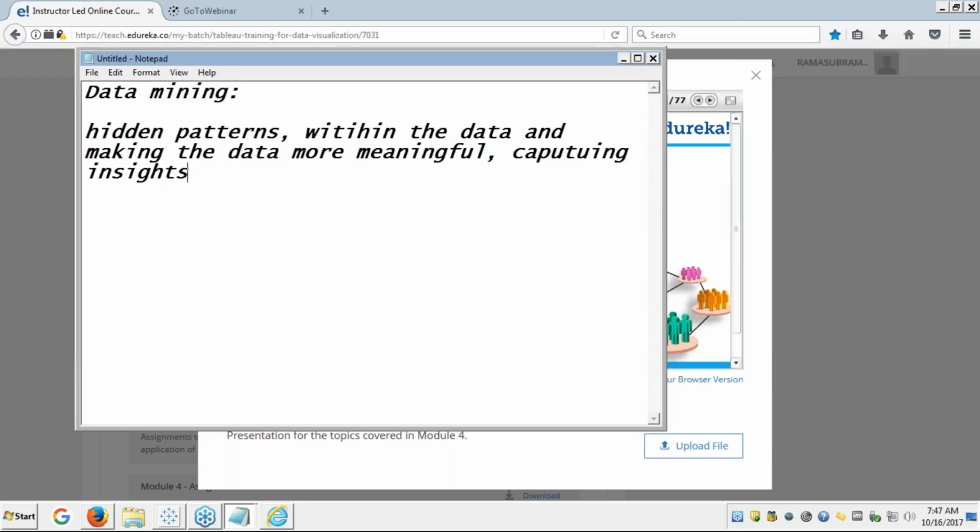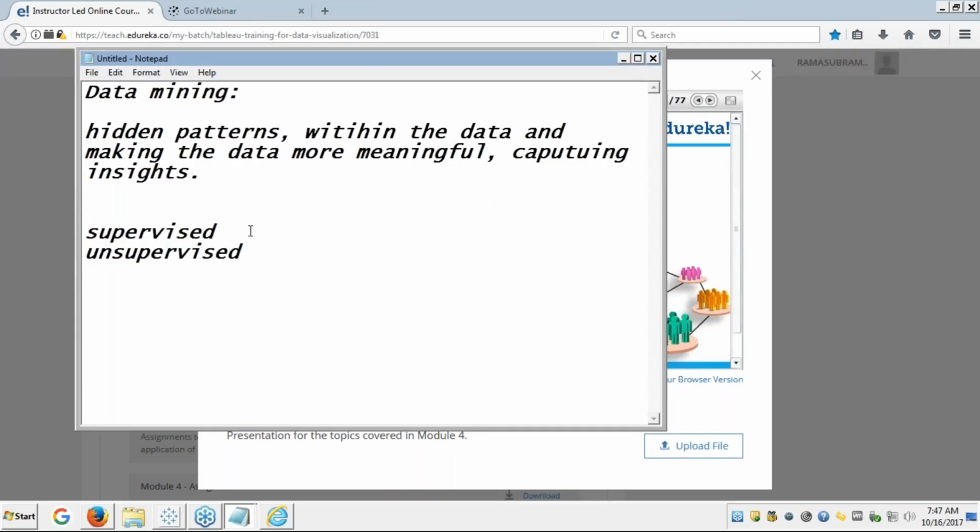Why I am talking about data mining here is that Tableau is using a data mining technique. In data mining, friends, there are two types: one is the supervised data mining technique and the other is unsupervised.